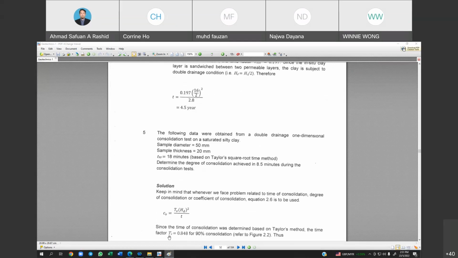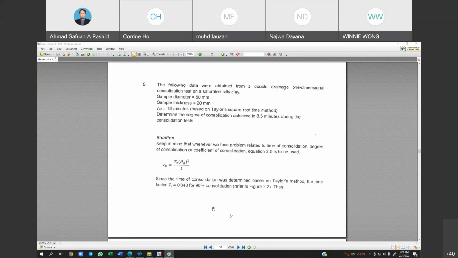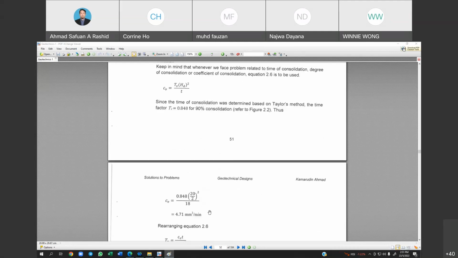You use CV equal to TV times HD square over T. Since the time of consolidation was determined based on the Taylor method, the time factor 0.848 is equal to 90%. So the CV is equal to 4.71.